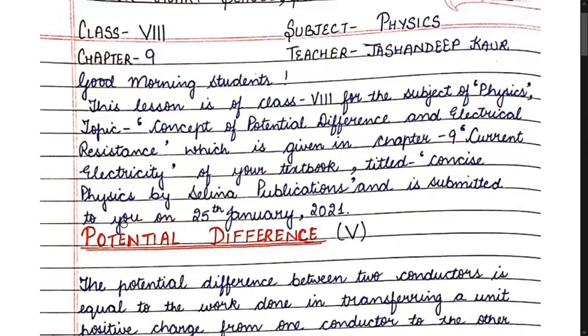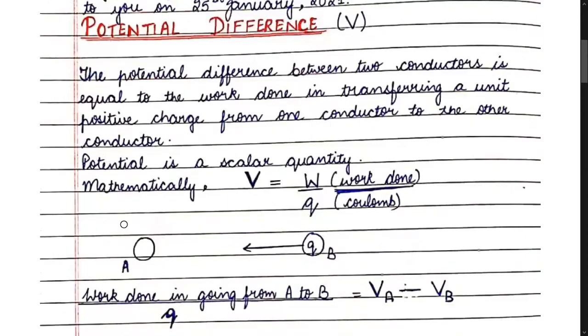Now coming to the first topic for today, that is potential difference, which is represented by letter capital V.